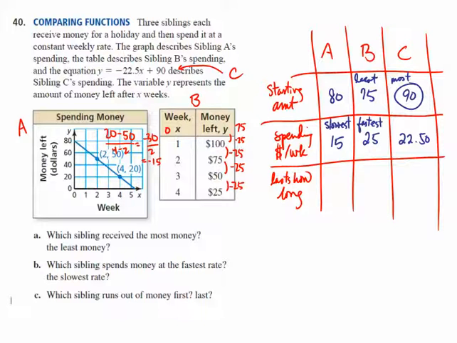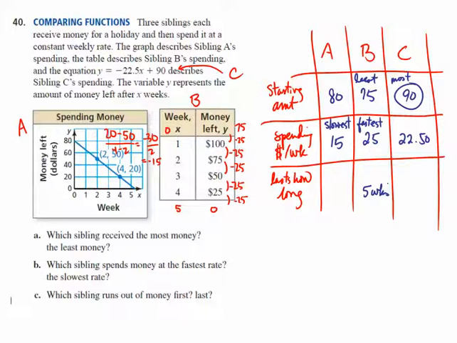On the graph, we can see that the money will last until it becomes 0, right? So, again, for sibling B, this might be easiest to calculate because by week 5, we subtract another $25, and sibling B is out of money at 5 weeks.